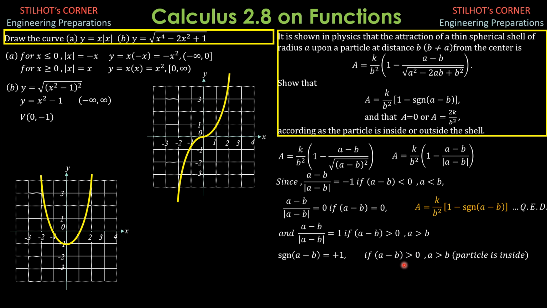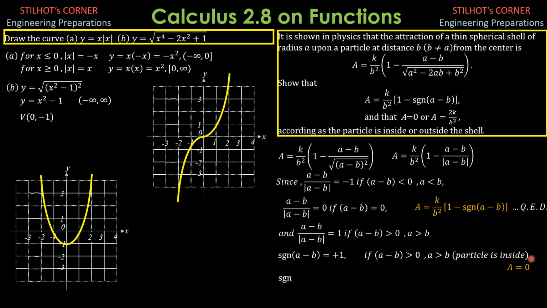So a minus b is greater than 0, so in this signum function here, this is replaced by 1, because when a minus b is positive, signum of a positive value is 1. So 1 minus 1 is 0, therefore A is 0.